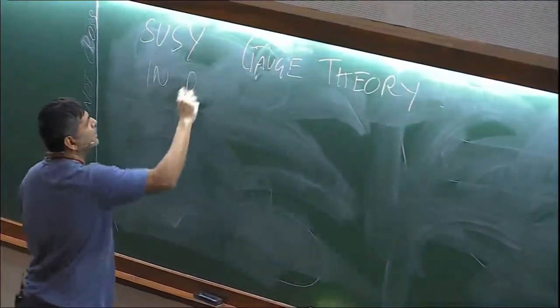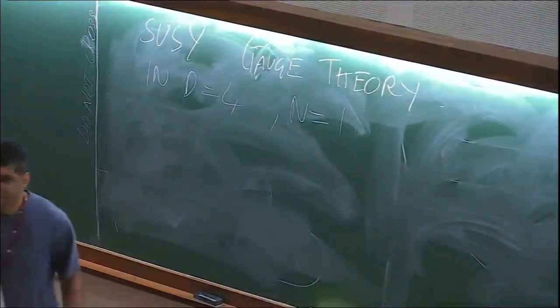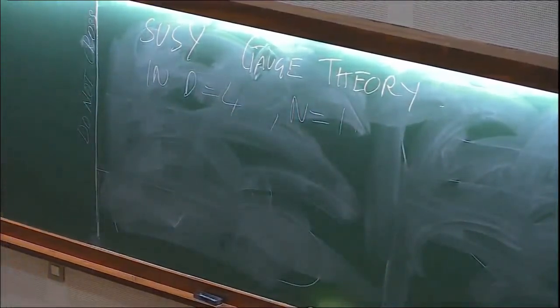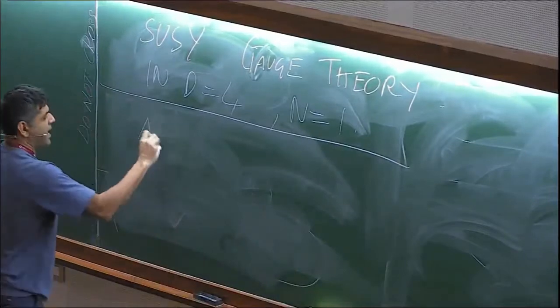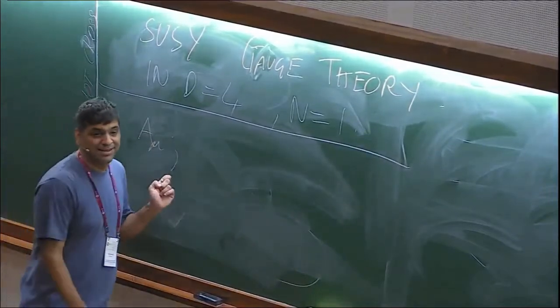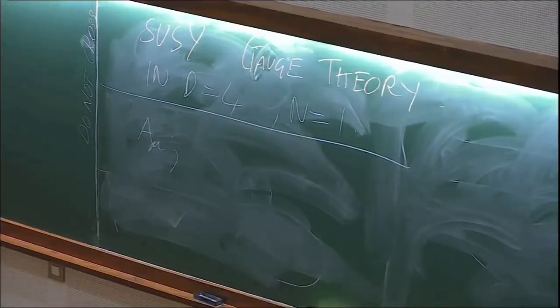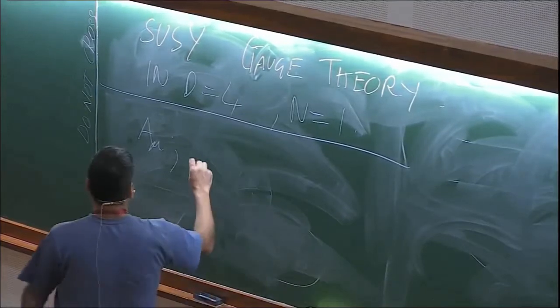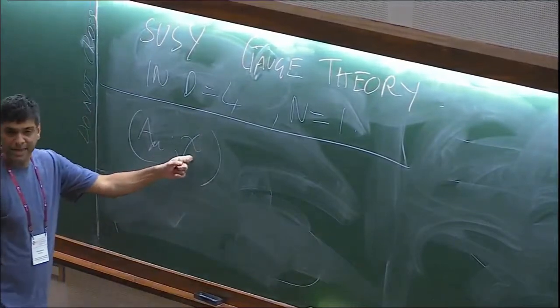In D equals 4, with N equals 1. Now, the supersymmetric gauge theory, because it's a gauge theory, has a gauge boson, and then its multiplet, which you could figure out by the techniques we've learned about in the last few classes, but I won't try to do that for you, is completed with a fermion called the gluino.